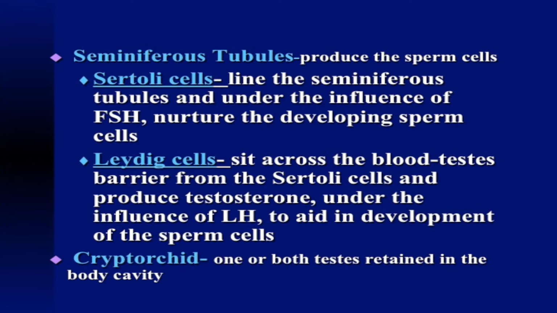And the challenge when you have a cryptorchid is that the temperature of the sperm must be maintained below the temperature of the body, and if it's not, those sperm cells will die. Well, when those testes don't descend out of the body cavity, the temperature is the same as the body, and so then we get infertility of the bull.